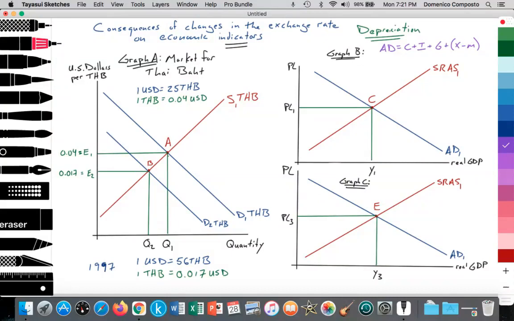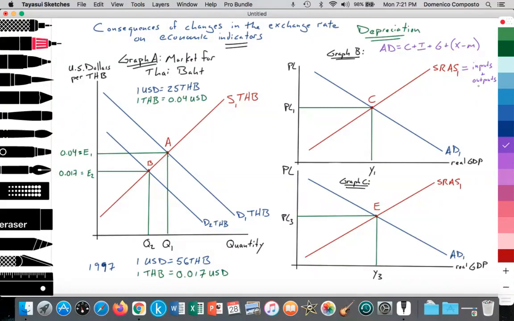So what happens when you have a weak currency and your imports become more expensive? All right, SRAS, we have to remember, is the sum of all inputs plus outputs that are being produced both domestically and by foreign nations.